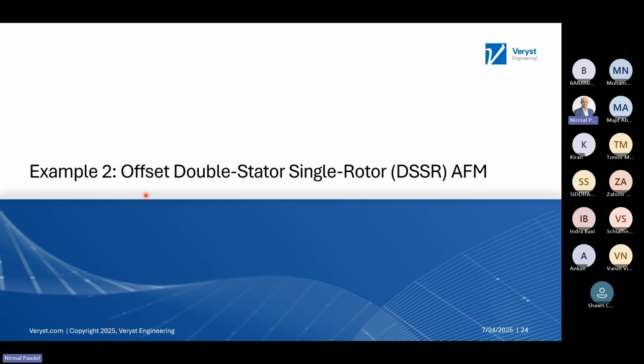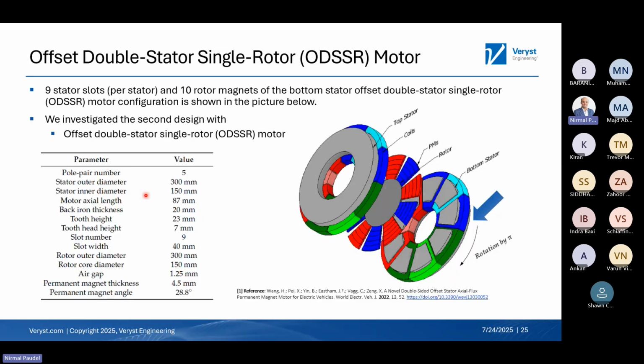Rather than adding any other stack or some other optimization, the idea here is just to rotate one of the stators in different directions, making that offset, and see if we can increase the torque.